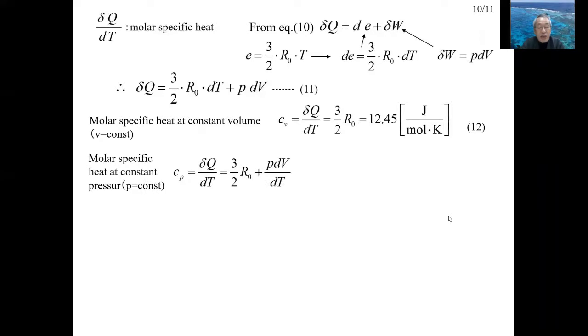In the case of specific heat at constant pressure, the term corresponding to the second term on the right-hand side of equation 11 remains in addition to the specific heat at constant volume. Let's use the equation of state to calculate this second term.